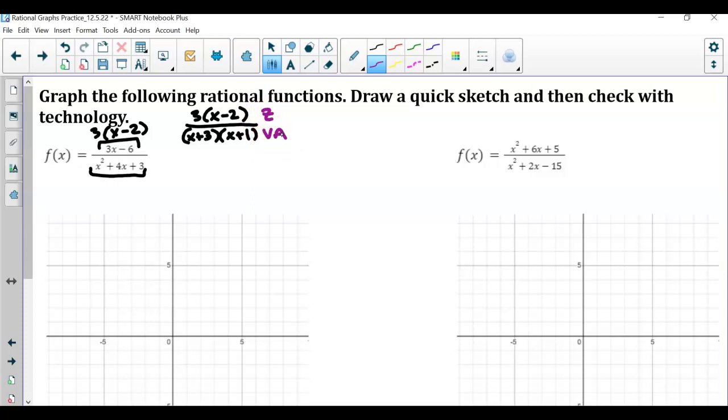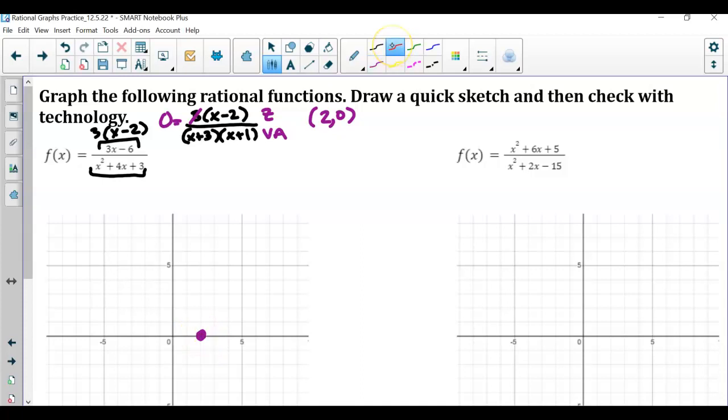So now notice here that our zero is, again, remember this is all equal to 0, so that GCF of 3 cancels out. 3 will never equal 0. So our zero is positive 2, 0. So our zero is at positive 2. So here's our zero. So our graph has that one solution where it's crossing the x-axis.